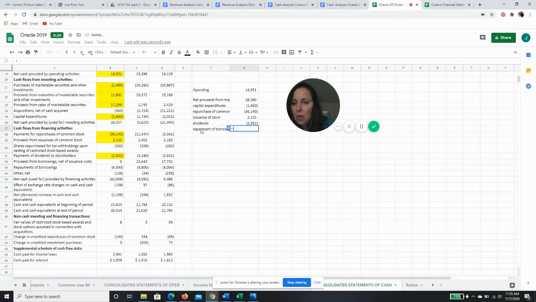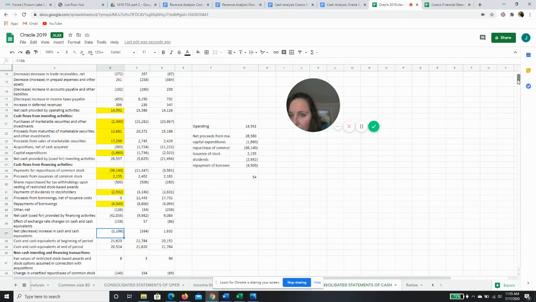Borrowings, $4.5 billion. Okay, so that's my big stuff. So I'm going to go ahead and add these up now. And it comes out to 54. And I'm actually looking for, what did we say? Negative 1.1 billion.